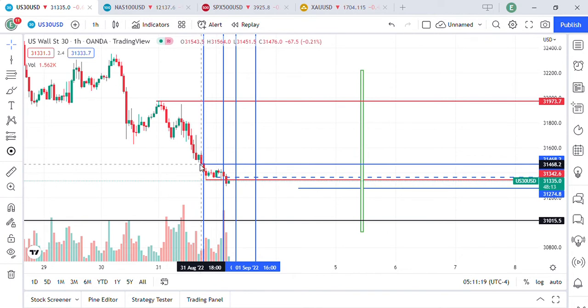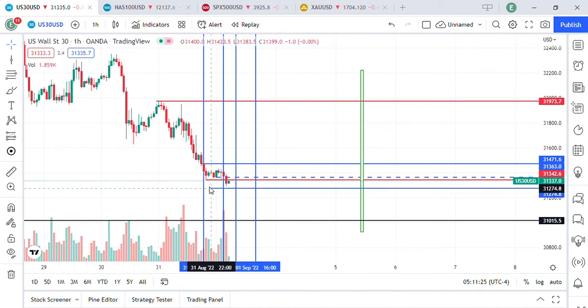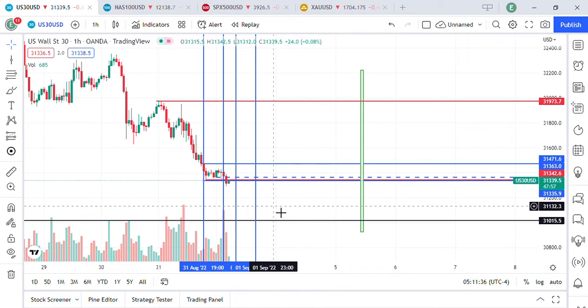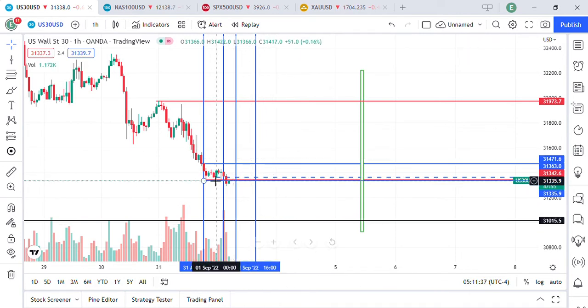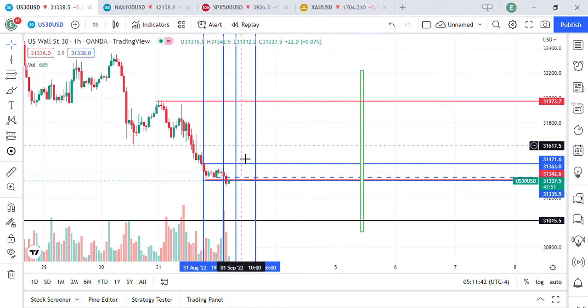Then we're going to mark the Asia high and the Asia low, if you want to trade the London. I use the blue horizontal lines for that. I don't really trade the London, I trade the New York.